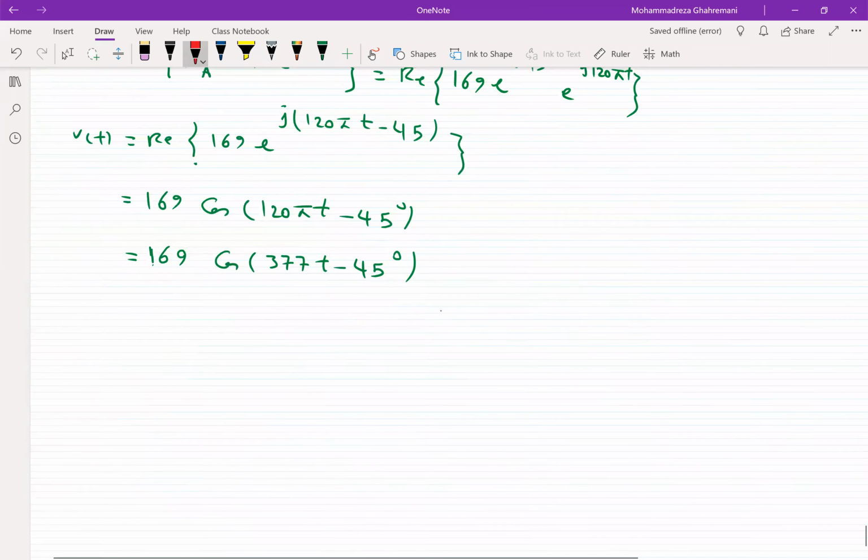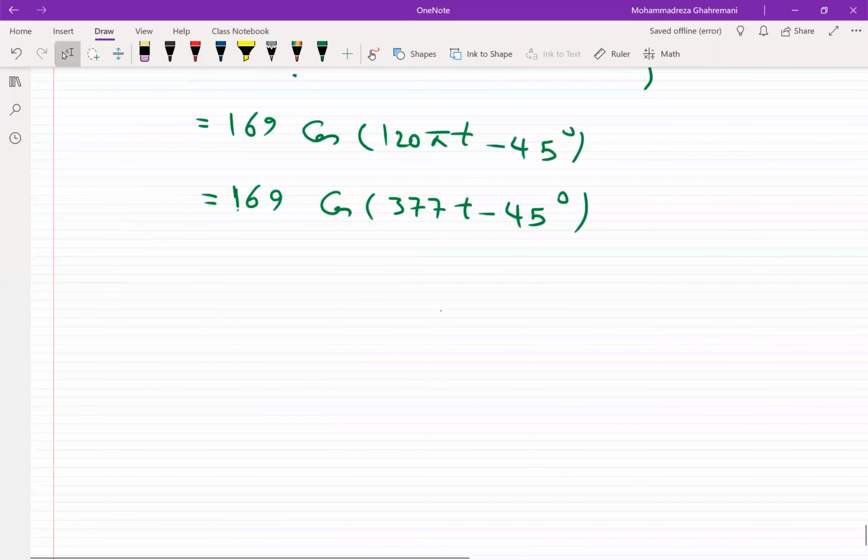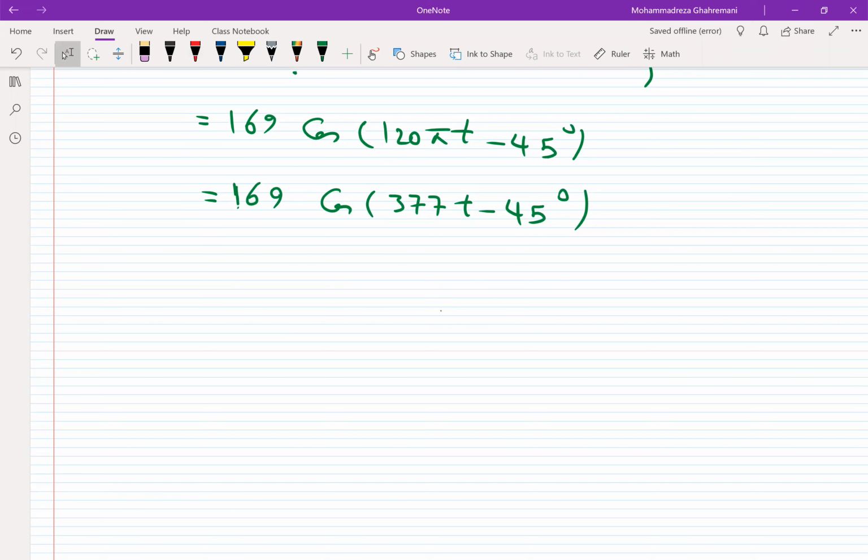Okay. And now that we know what is phasor, what are some functions of the phasor? The first thing, we can add and subtract signals using phasors. Let's see. Adding and subtracting phasors.